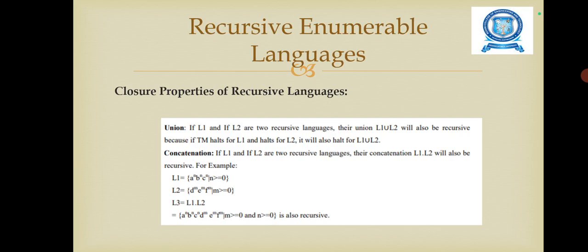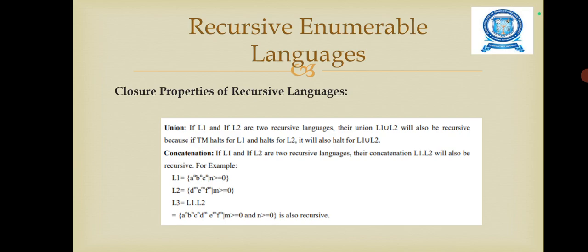Next we are going to see concatenation. If L1 and L2 are two recursive languages, their concatenation L1 L2 will also be recursive. For example, for L1 we can consider some set of strings, and for L2 some other set of strings. Using concatenation, you can make a recursive language.